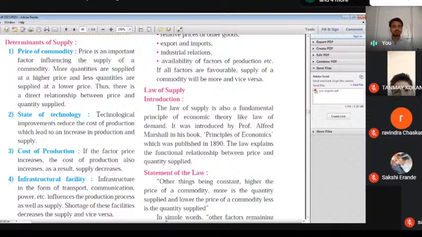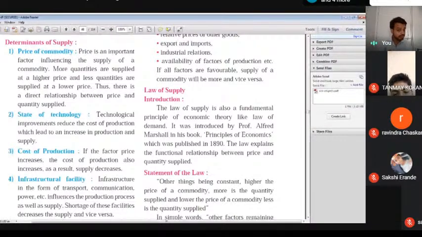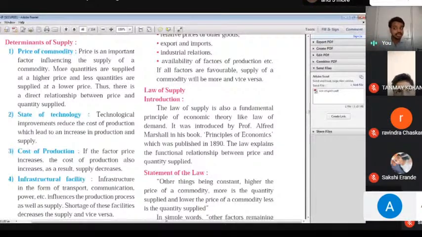When we think about the price of commodity, suppose in the market the price of a commodity is very high, like Apple mobile, gold, or diamond. If the rate of a commodity is high, lots of people demand that commodity.